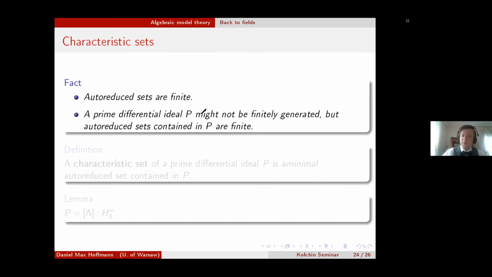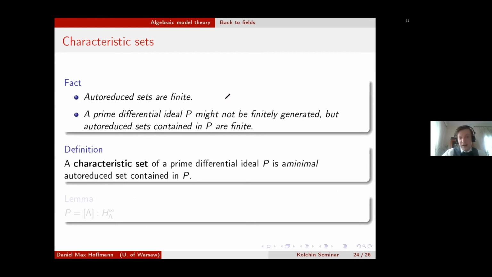So sometimes a prime differential ideal P might not be finitely generated, but auto-reduced sets which are contained in P are finite. So that's a perfect surrogate for a finite generator. I mean, we need to check a few more things and then we can state the final axiom.